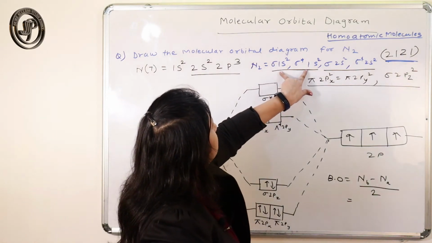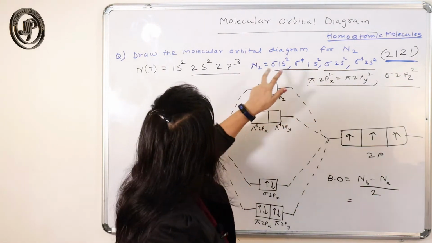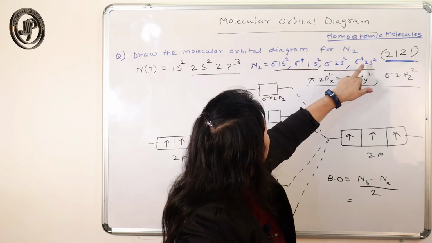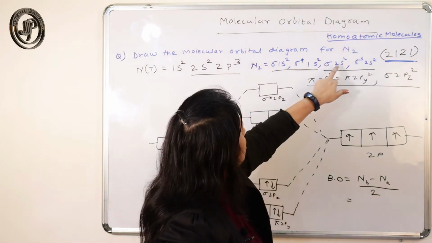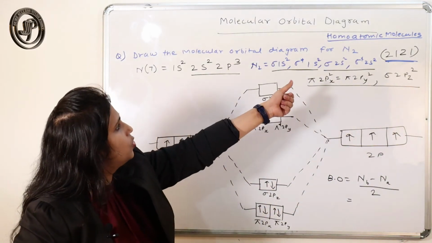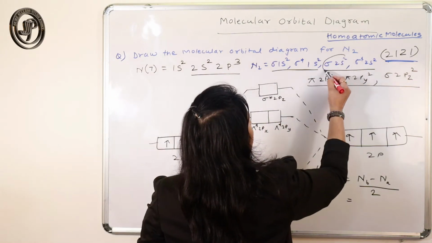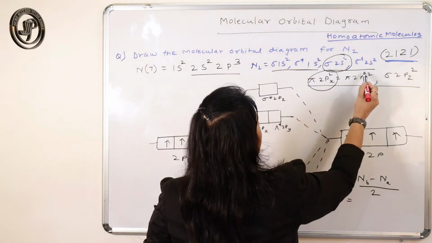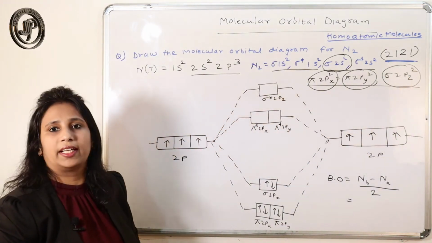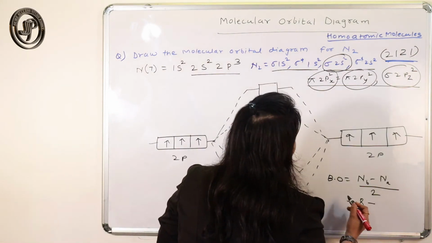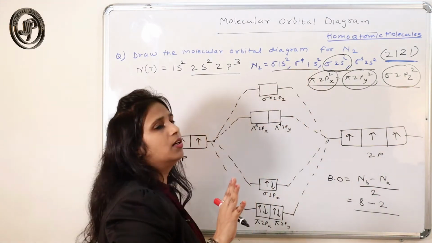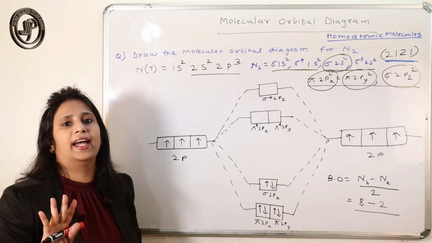If you don't consider 1s, okay, because if you consider 2p and 2s, the outermost shell, how many electrons are present in bonding? 2 in sigma 2s, and here 2, 2, 4 to 6, and 2 in sigma. इसमें हमारा 2 इलेक्ट्रॉन प्रेजेंट है. So the total electrons present in bonding is 8, minus the anti-bonding, the total electrons present is 2. Don't consider 1s, just consider only 2s and 2p.